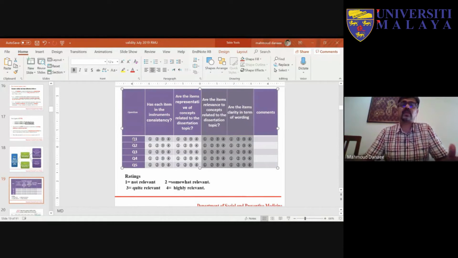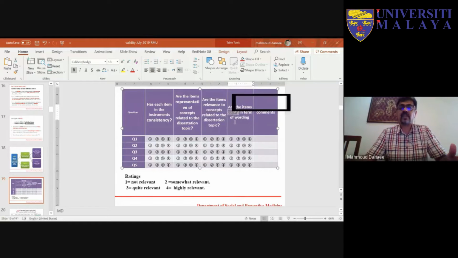So what you need to do is prepare your questionnaire according to this template, and then send the questionnaire to the experts and let them rate the degree of relevance and also the clarity of each item.